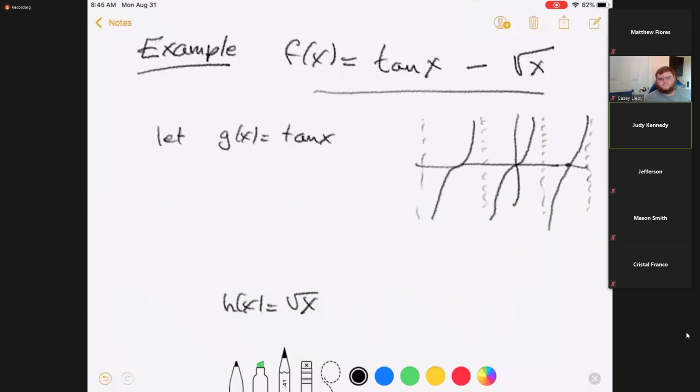That's at pi over 2, at minus pi over 2, at 3 pi over 2, and so forth. At odd multiples of pi over 2, you have these asymptotes. We said that the trig functions were continuous on their domains. This one, g, is continuous.